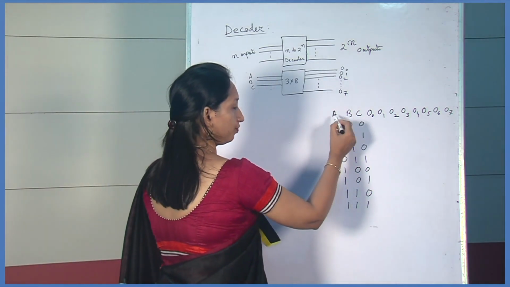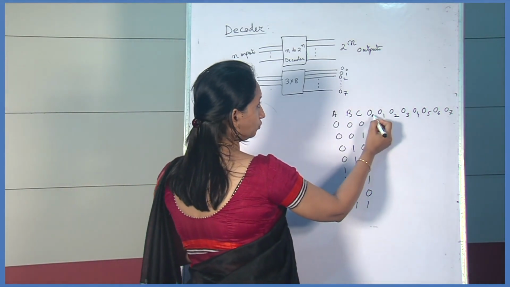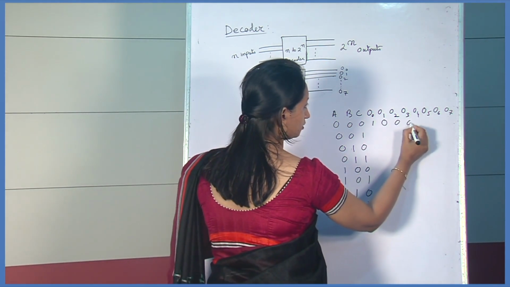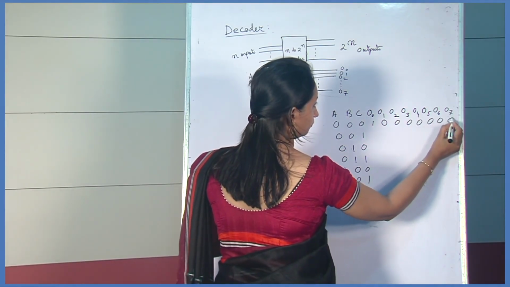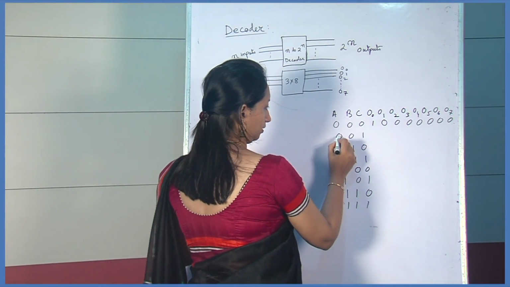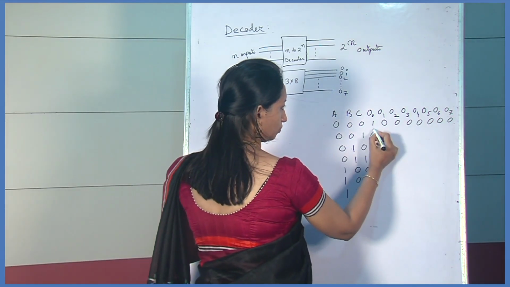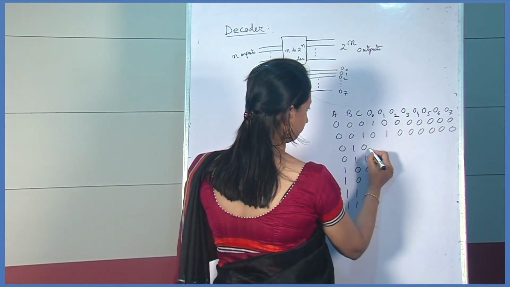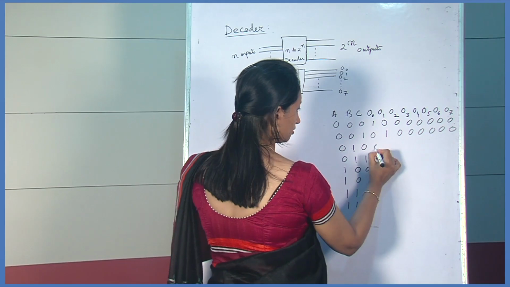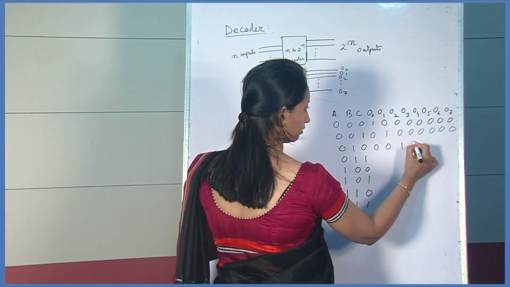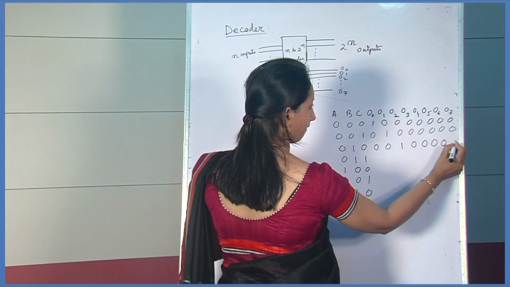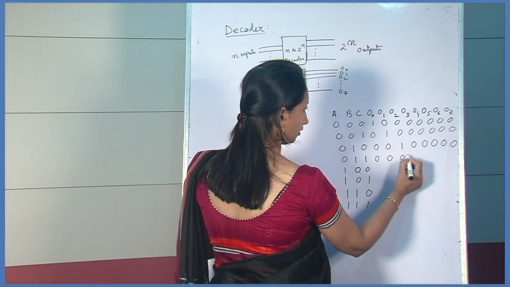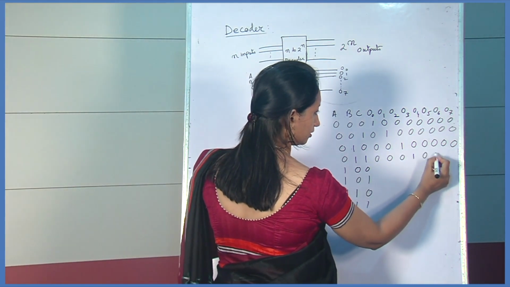When all the 3 inputs are 0, the output O0 is selected. So this is 1, and the rest of the outputs are 0. When the input 0, 0, 1 is selected, the O1 output is 1, and the others are 0. For the third case, the O2 output is selected. For the fourth case, the output O3 is selected.